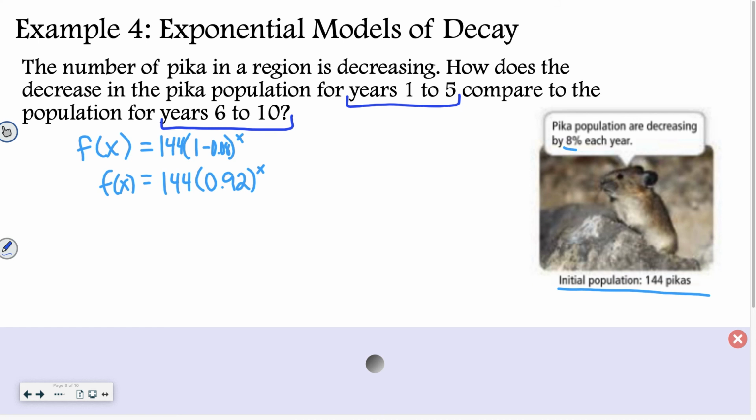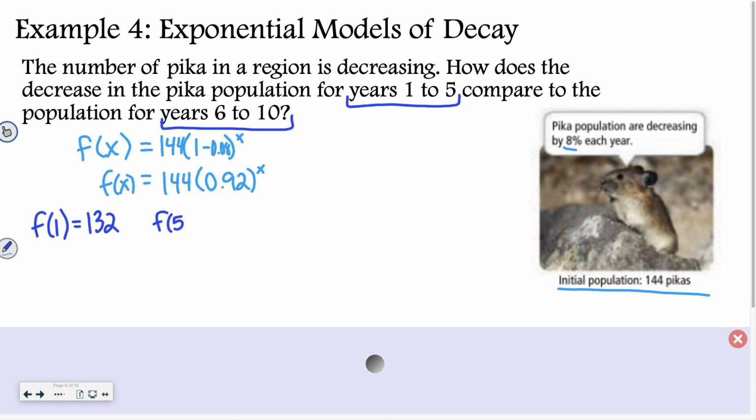All right, now since I want to compare years 1 to 5 to the range of years 6 through 10, instead of x, I'm going to plug in 1. When I plug 1 into that equation, I am left with about 132 picas.